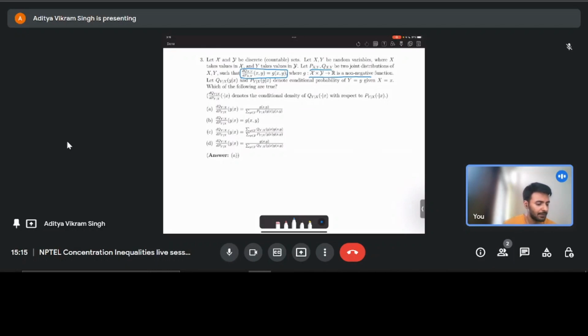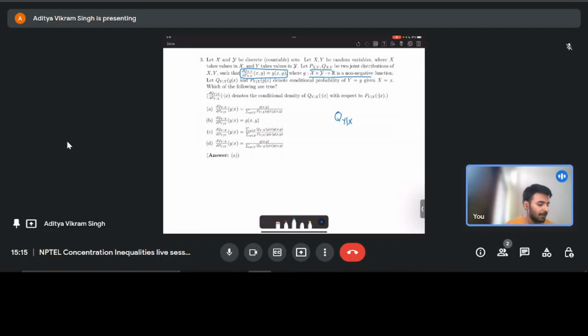First, this notation. What is this Q_{Y given X}? When you write just this expression, it basically represents a class of probability distributions, a set of probability distributions.